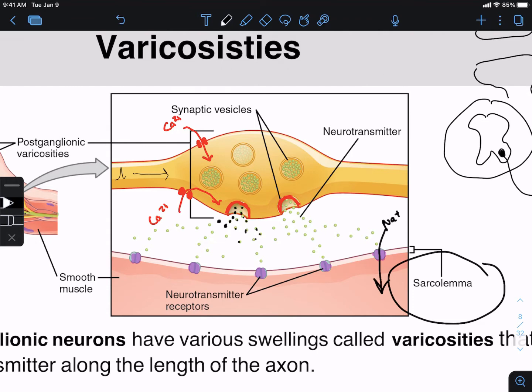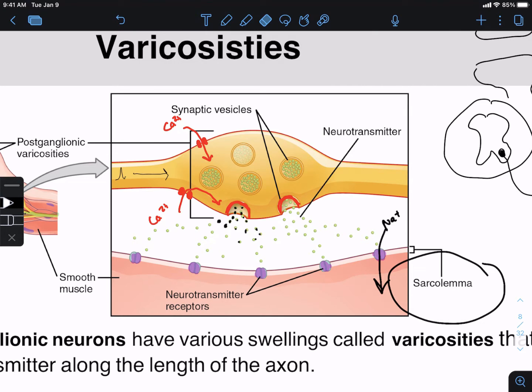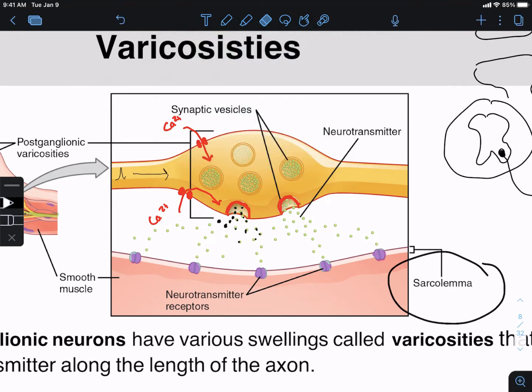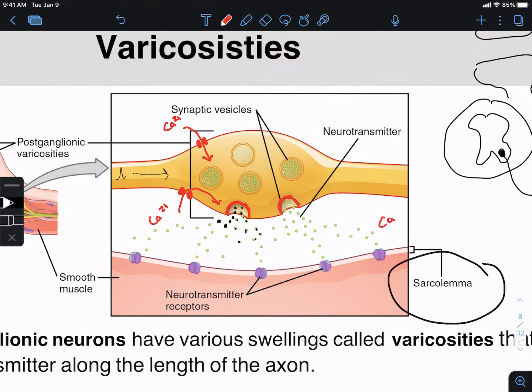If it's a gland, it'll induce the secretion of hormones or sweat or digestive enzymes or what have you. And if it's cardiac muscle, again, it's going to induce contraction. Often, instead of sodium, we actually have calcium, and we'll have a chance to talk about that in detail, especially in the heart. That's going to be relevant there.